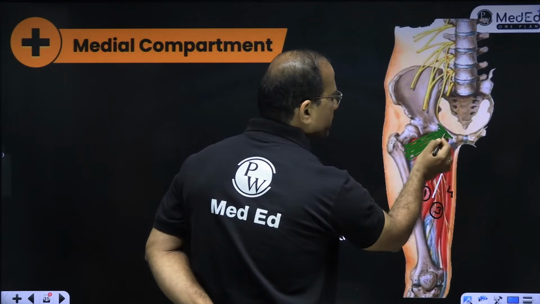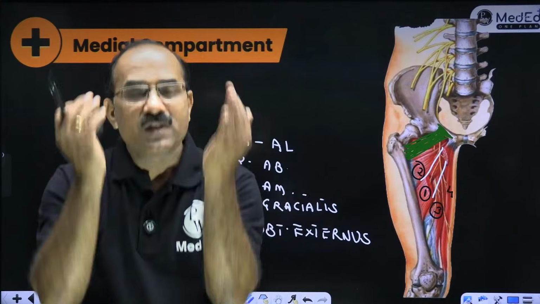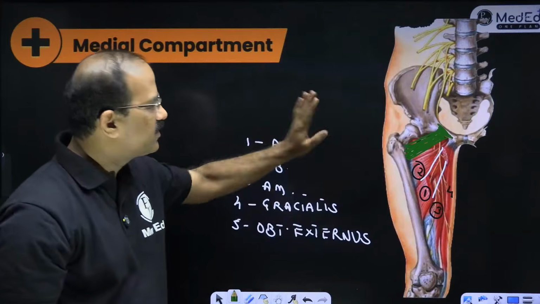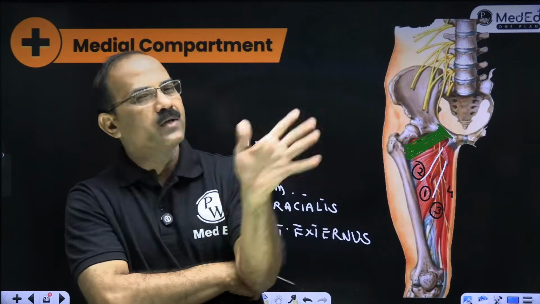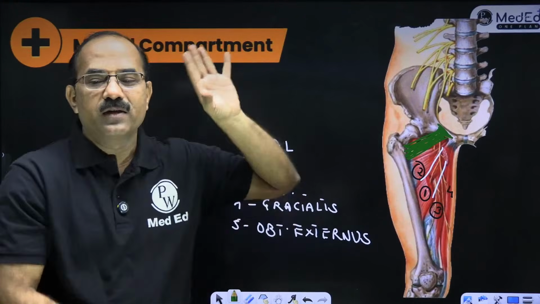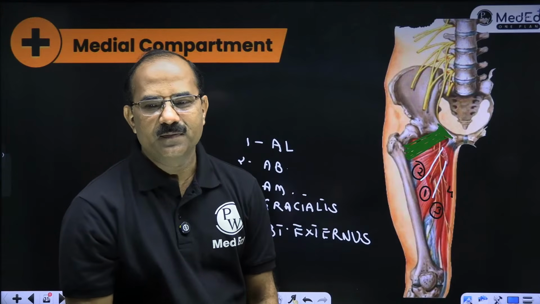A muscle which begins from the pecten pubis, a muscle which is present in the floor of the femoral triangle. चलो बोलो बच्चों, what is this? ये क्या muscle है? Pectineus. Excellent. Very good. That's what I want your concept to be. So that is pectineus. ये pectineus है.